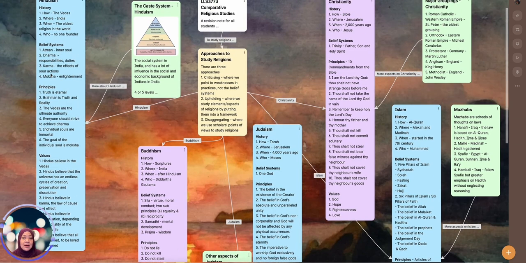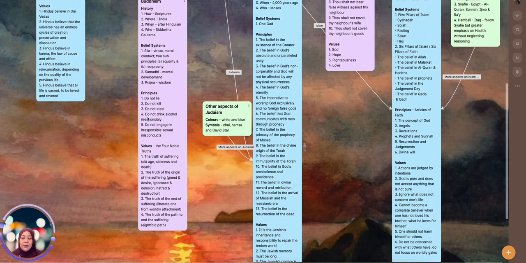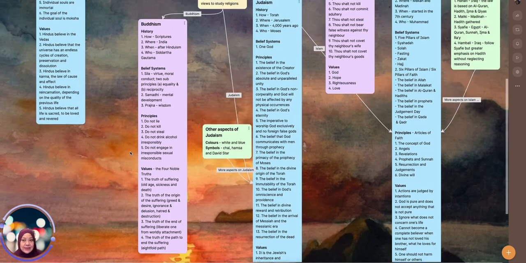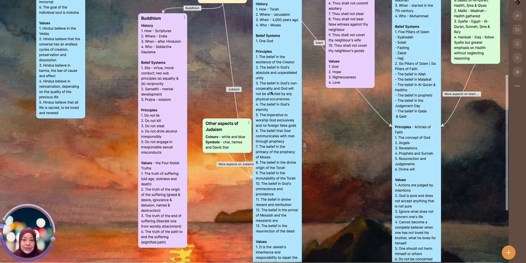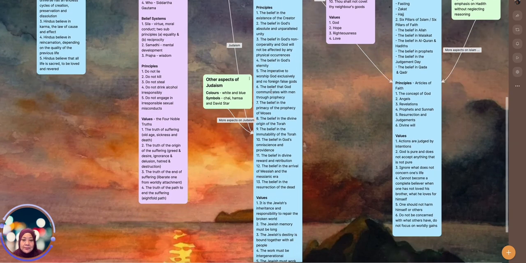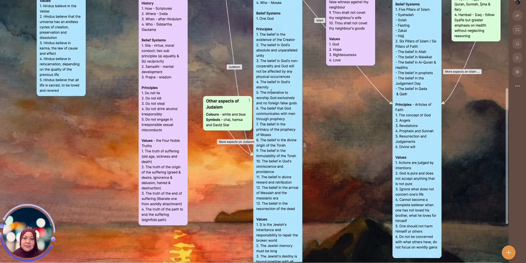Atman, Dharma, Karma, Moksha. And then for Buddhism, belief systems and values must be explained in order or in sequence. For the Jewish people, or for Judaism, once again they are arranged based on importance.